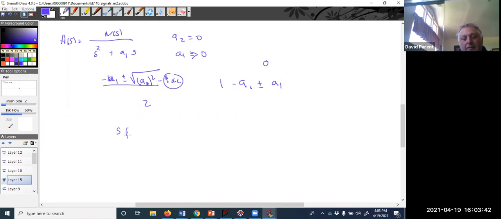I can do s plus a1. That pole there is negative a1, so it's fine. But you've got the integrator root to it. In that particular example, I have a root at 0 and a root here, and it's going to be like a low pass filter with an integrator. It's just going to keep going up.